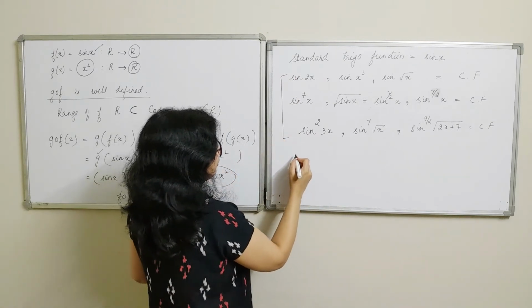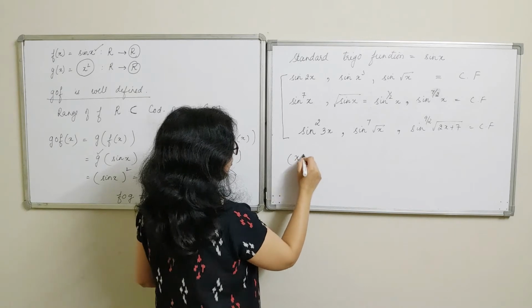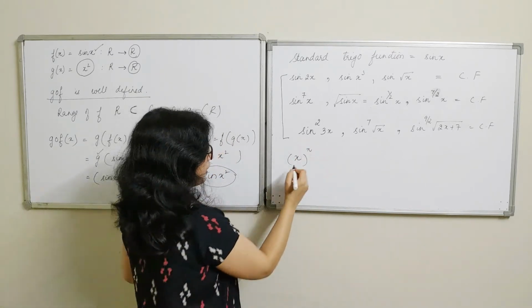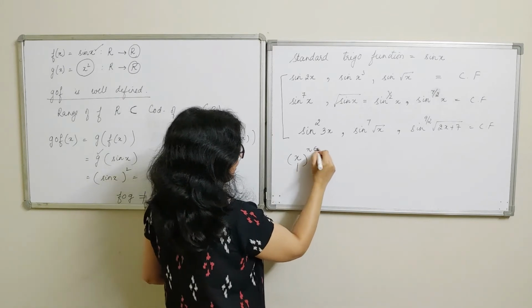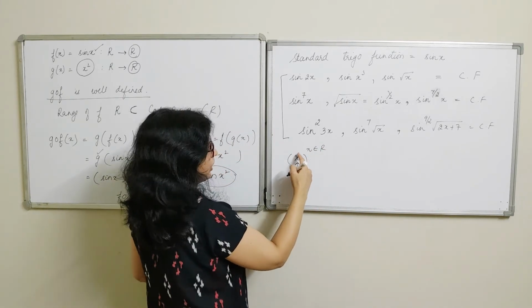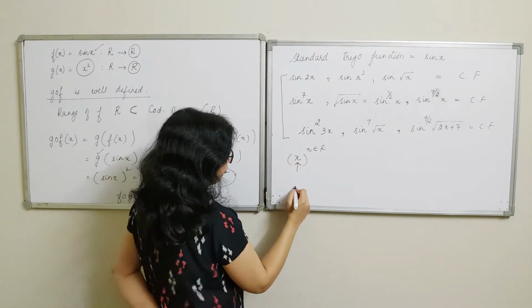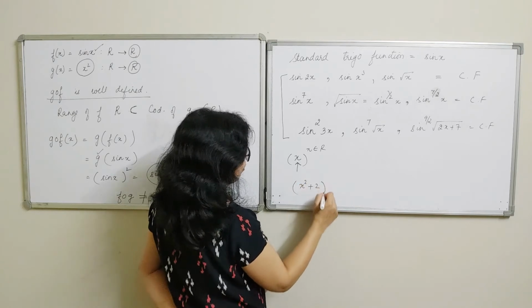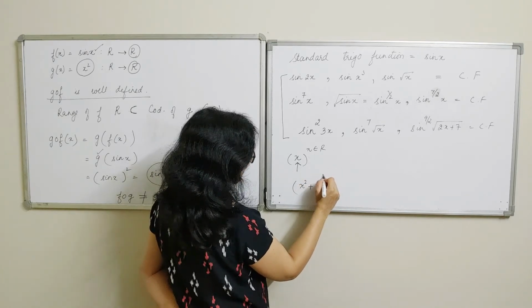Let's think of a standard function, say x to the power n. Here n is some real number, alright. The moment you change the base of this function, that means it becomes x square plus 2, and the power is any real number, so let us take 3.